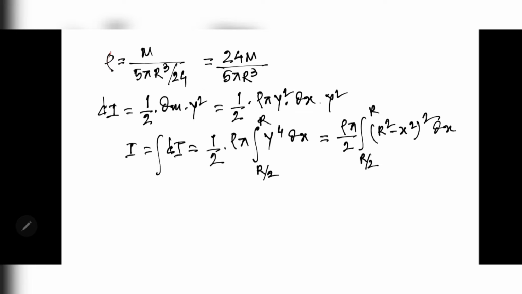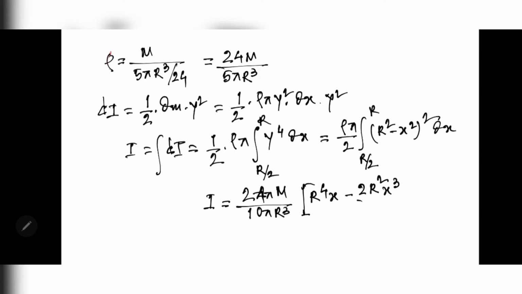Now on calculating this, we get the value of I equals 24 pi m by 10 pi r cube into r to the power 4 x minus 2r square x cube by 3 plus x to the power 5 by 5.